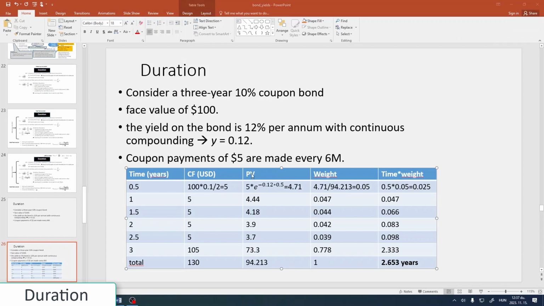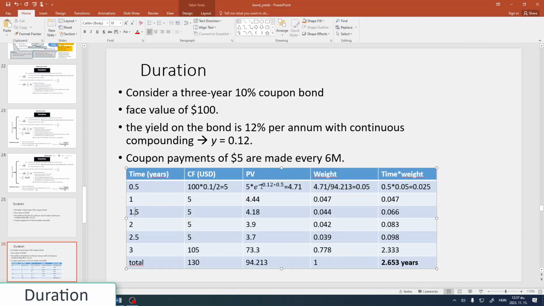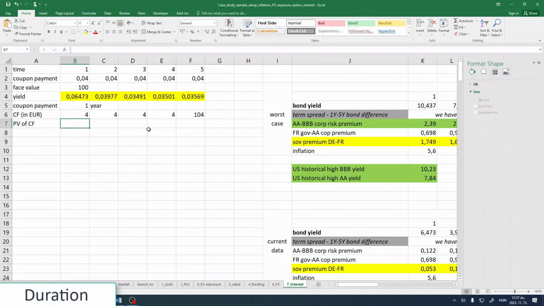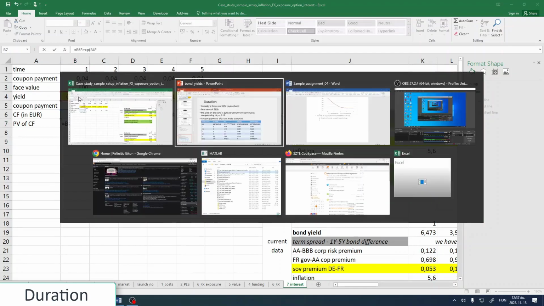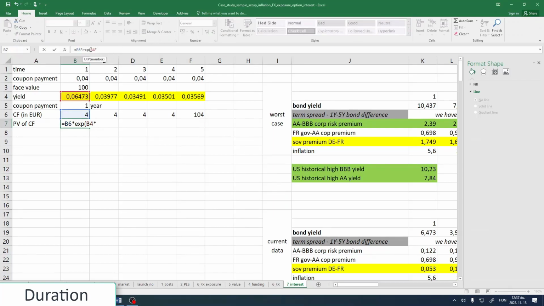Then next thing, we have to calculate the present value. Present value of CF. Then obviously we have to use EXP and the multiplication of the yield multiplied by the time component, and this is minus.